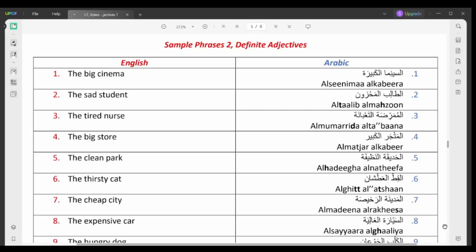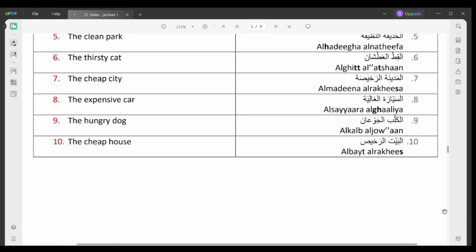Alright, now let's move on to sample phrases 2. Number 1, the big cinema. Number 2, the sad student. Number 3, the tired nurse. Number 4, the big store. Number 5, the clean park. Number 6, the thirsty cat.